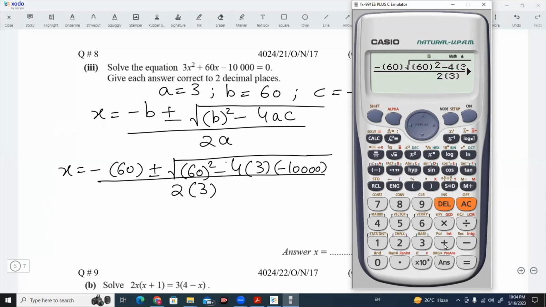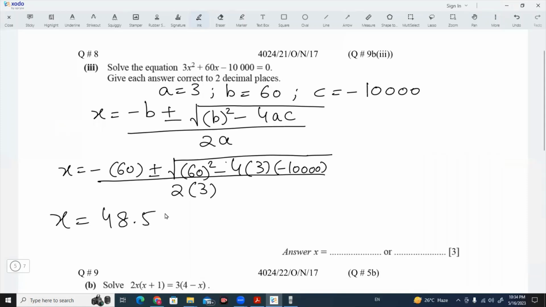Once we have the positive sign, it will give the first value. The first value is 48.59, because we write correct to two decimal places. The digit after the two decimal places is smaller than 5, so we can write 48.59.